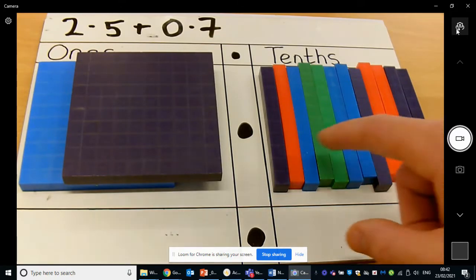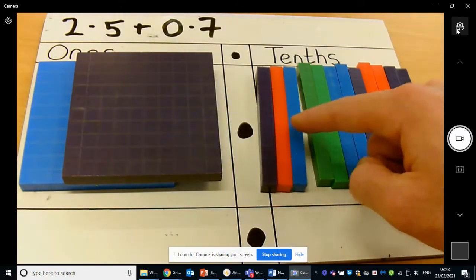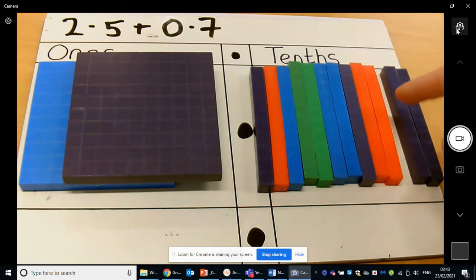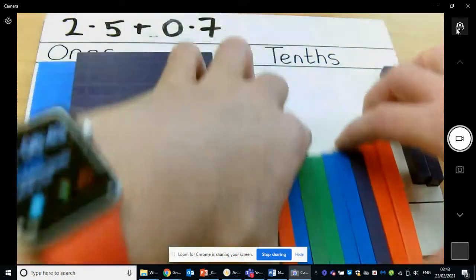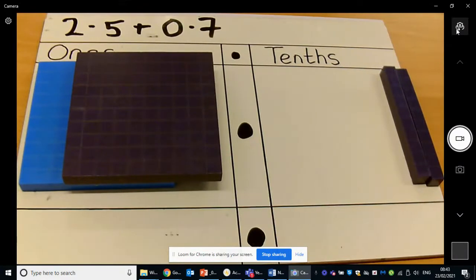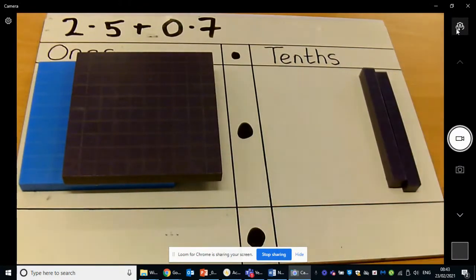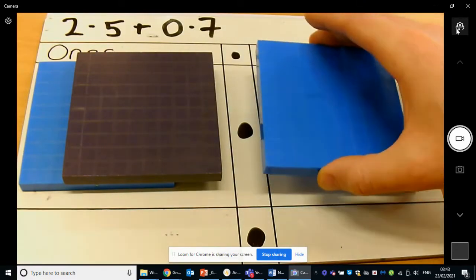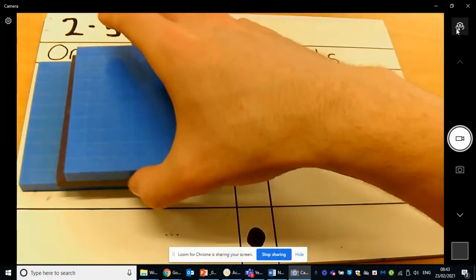So I'm going to have to count off 10 of these. So 1, 2, 3, 4, 5, 6, 7, 8, 9, 10. And I will remove those. And then I'll have to exchange them to regroup them into the ones.